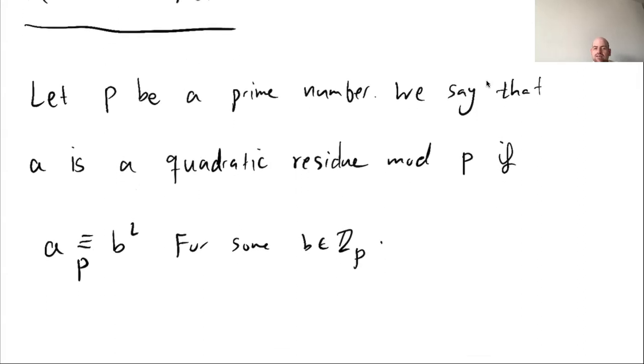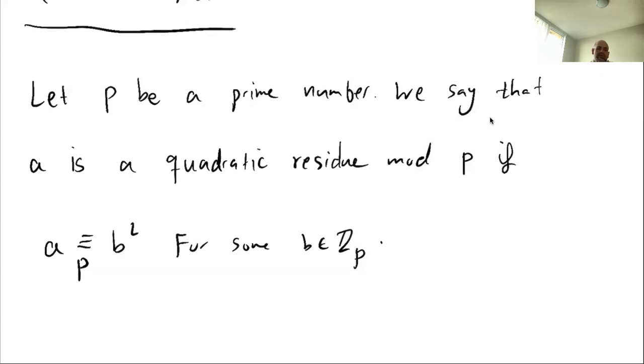Remember that when we work with Zp, our universe is Zp, meaning every calculation is done mod p. So we won't have any equality anymore; equality here means congruence mod p.